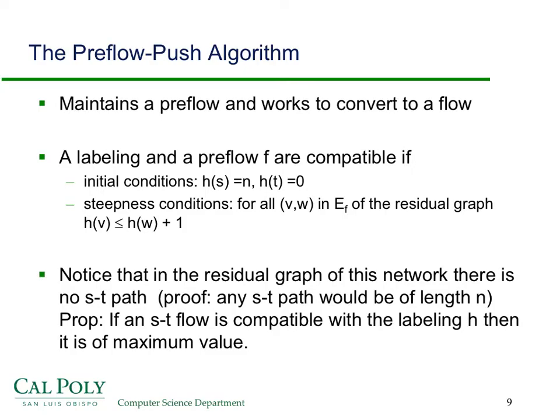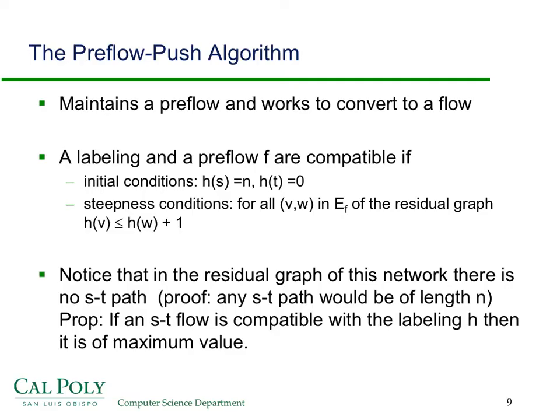We're going to say a labeling h and a preflow F are compatible if we have these conditions on the height of the source and the height of the sink. And in addition, this very important steepness condition that says for all the edges in the residual graph, h of v has to be less than or equal to h of w plus 1.